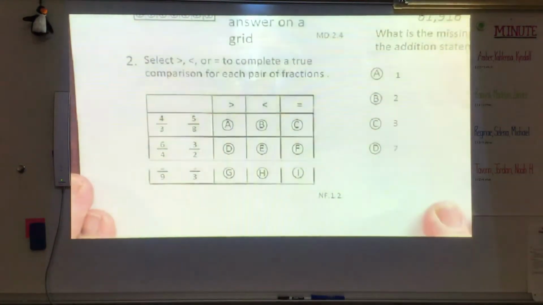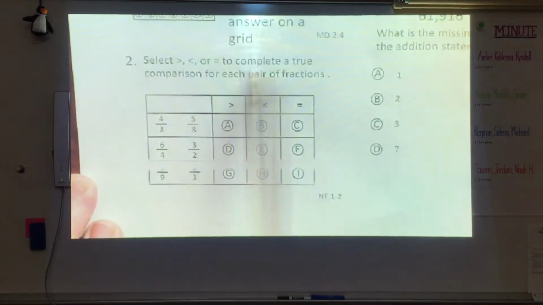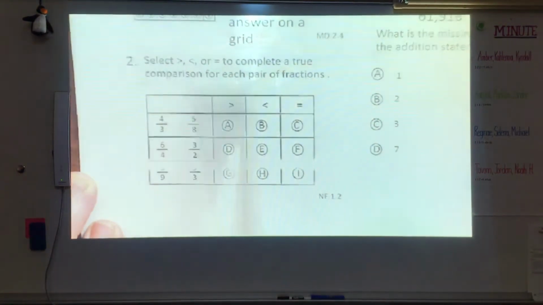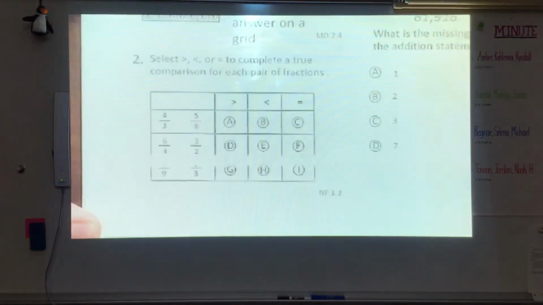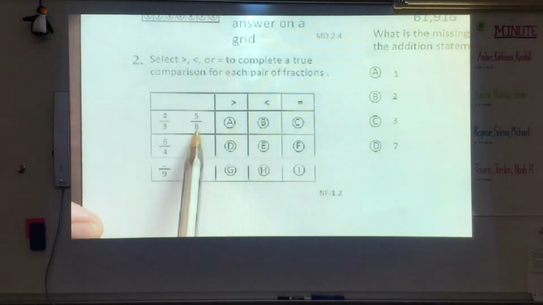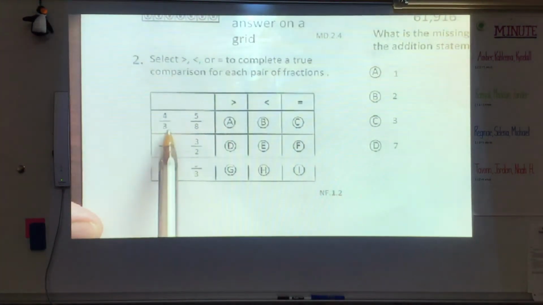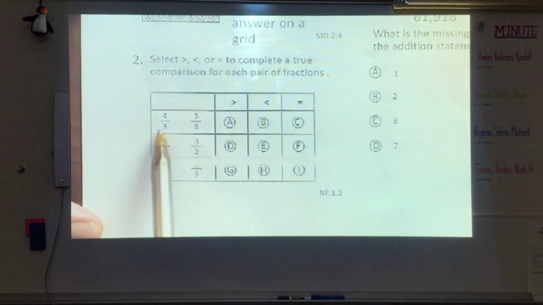Now we're going to compare some fractions. Select greater, less, or equal to complete a true comparison for each pair of fractions. We don't have the same numerators or the same denominators. So we're going to have to make equivalent fractions so that they have the same denominator.